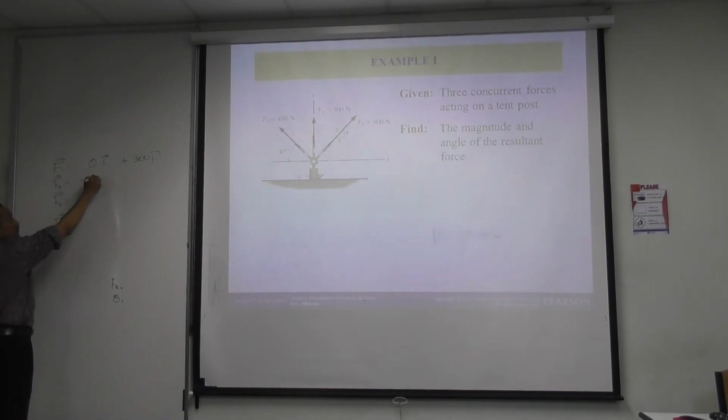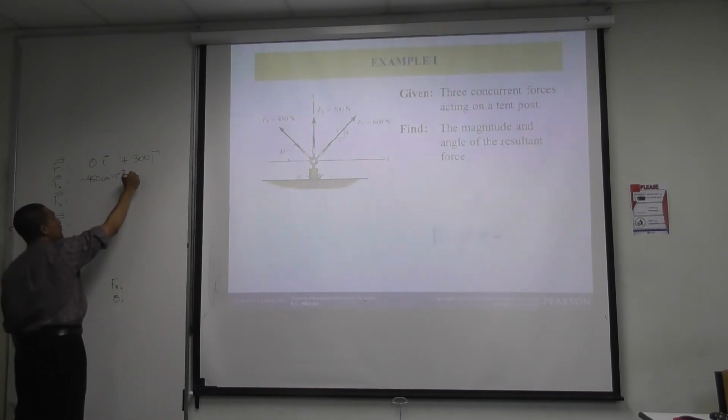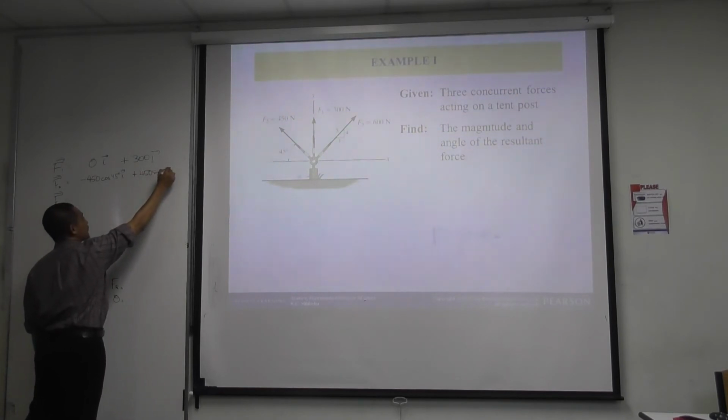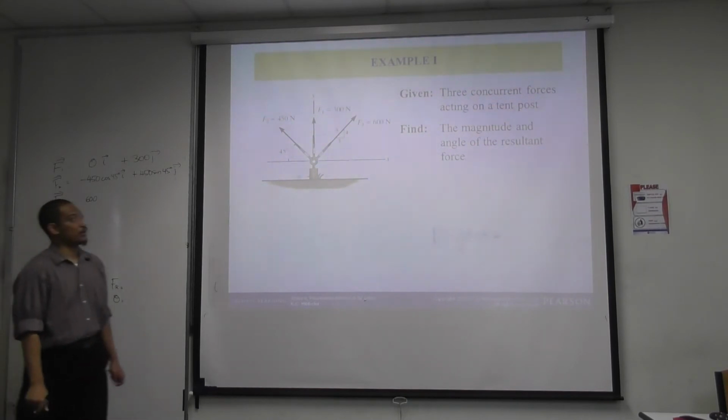Yes. Then plus 450 sine 45 degrees j. Any problem there? No problem. What about F3? 600? Oh, okay, anyone know how to use the triangle?